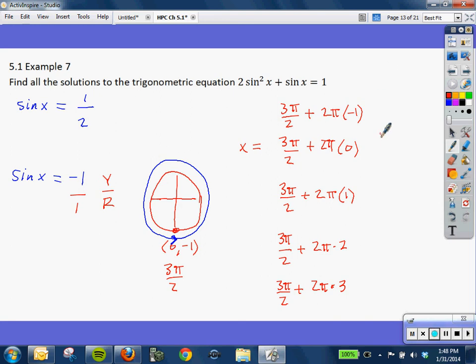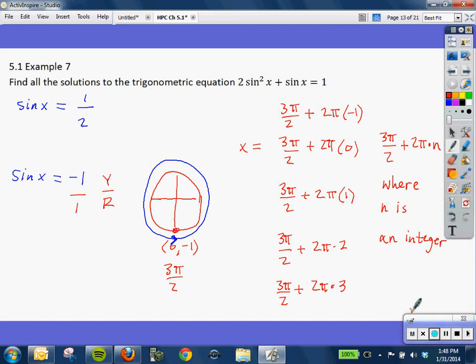So the generalized solution would be 3 pi over 2 plus 2 pi times some variable. I'm going to call that variable n, where n is an integer. So that represents all the solutions for that particular one.